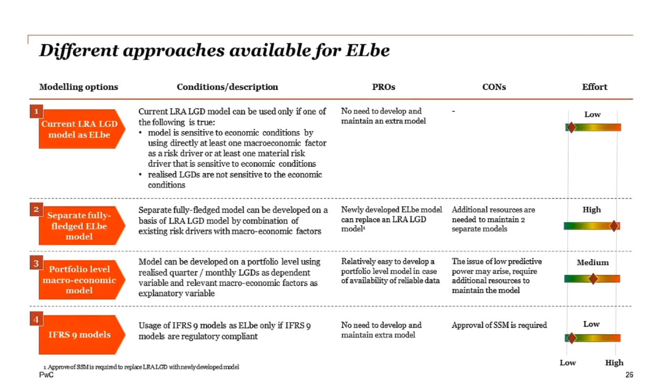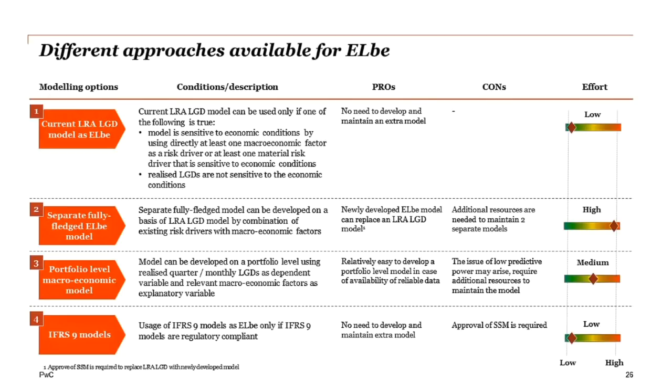Let's focus on the differences of the approaches starting from the use of current long-run average LGD model. Current LRA LGD can be used only if one of the following is true. The first point is that the model should be sensitive to economic conditions by using directly at least one macroeconomic factor as a risk driver, or at least one material risk driver that is sensitive to economic conditions.